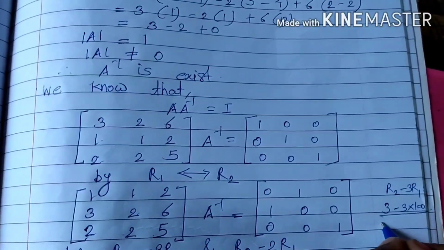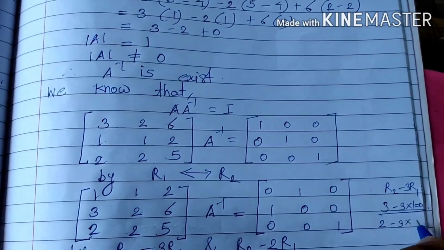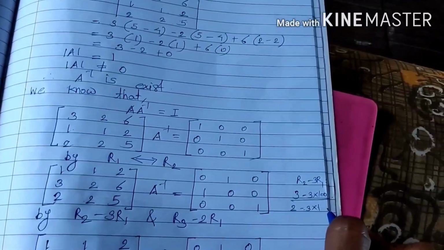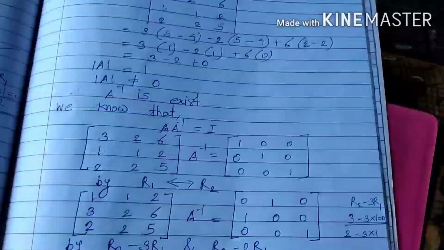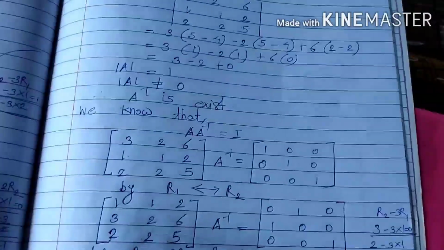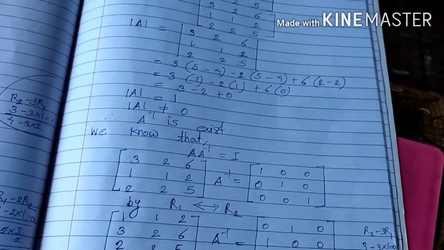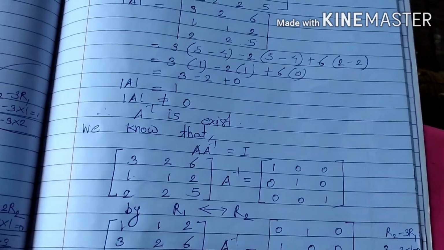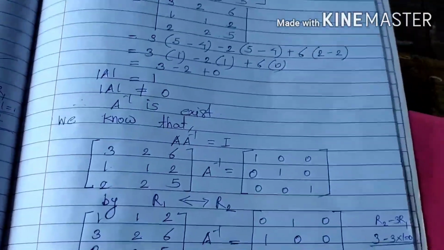Next, 2 minus 3 into 1 is minus 1. Next, 6 minus 3 into 2, which is 0.